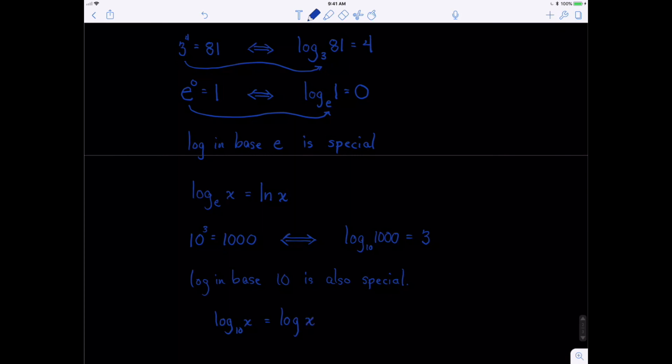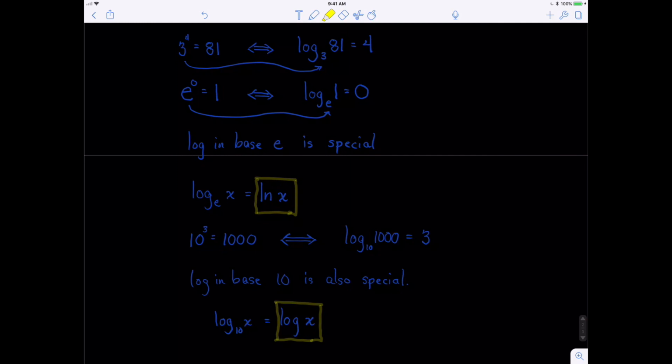So now, if you look on your calculator, you're going to see two log buttons. You're going to see ln of x for the natural log, which means log base e, and you'll see just a log button, and it's log base 10.